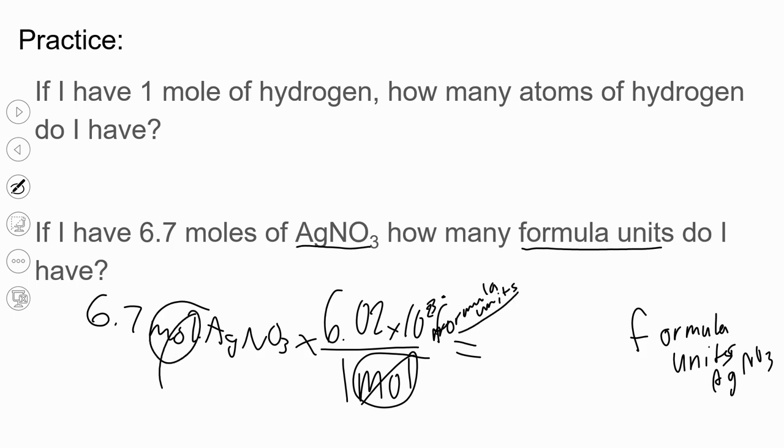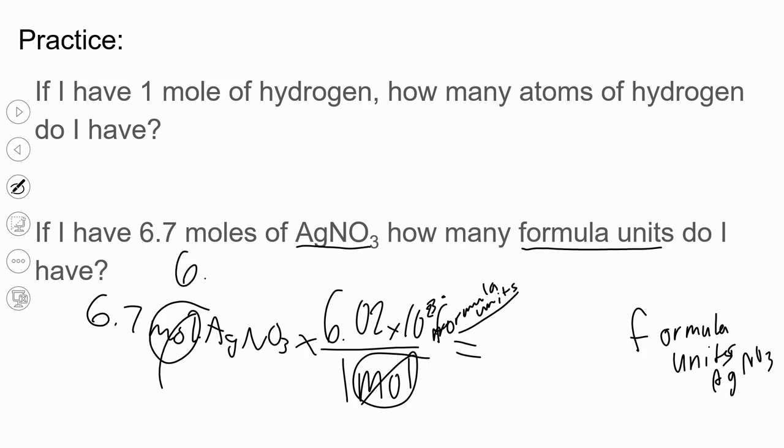So this is a good chance to make sure that your calculator does this right. So I'm going to do 6.7 times 6.02. And then instead of putting times 10, I do the capital E button, 23. So I'll write how I type that.